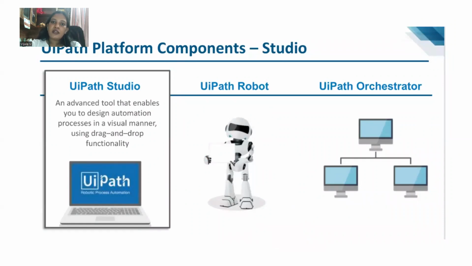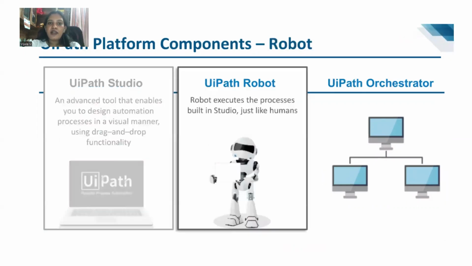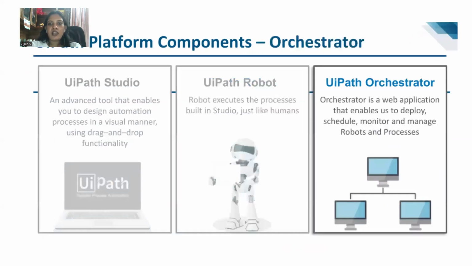When I talk about UiPath Robot, it is something that will execute these processes in the place of a human. Studio is where you're going to do the process or complete the task, but the UiPath Robot helps you in executing the process in the place of a human, that is automation. And this is UiPath Orchestrator. This is simply a web application.